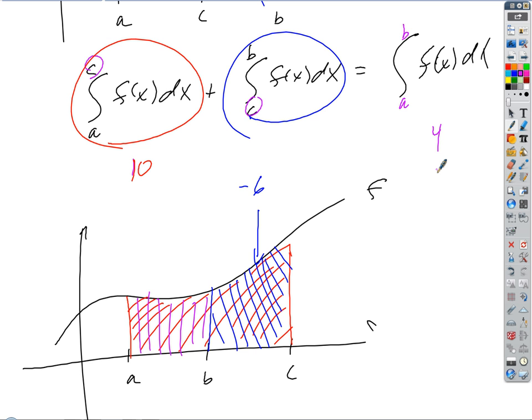This works regardless of where C is relative to A and B. As long as the first integral ends where the second one begins, it makes no difference where C is. It's always going to work, because our area conventions take care of that. Adding it backwards is adding a negative amount, and so we end up with less, right? Make sense?